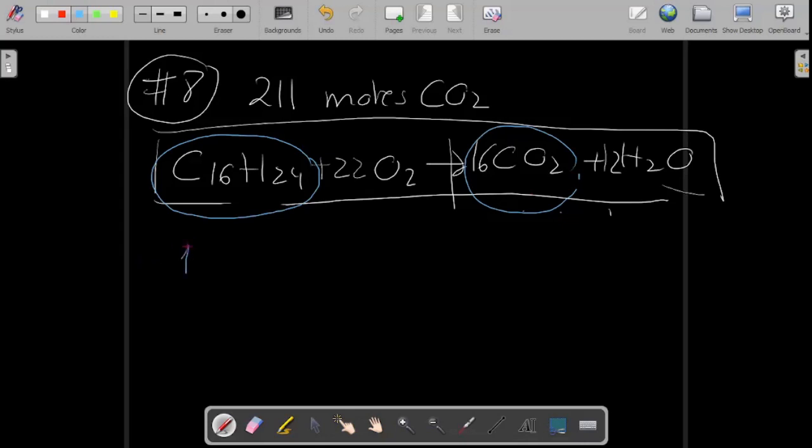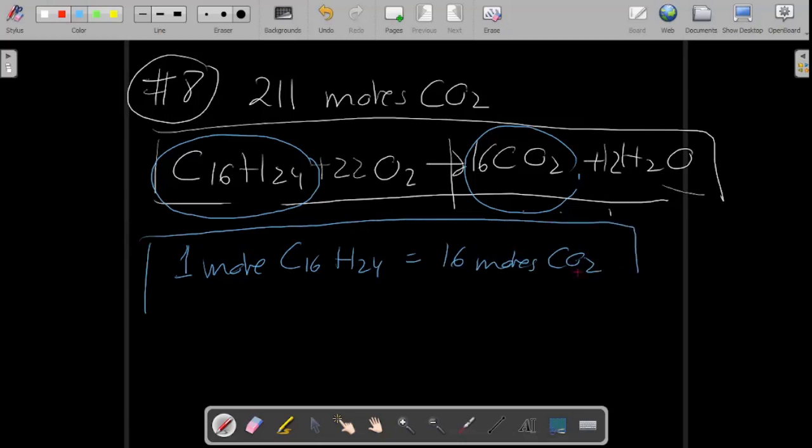So I know that they're related like this. 1 mole of this molecule will produce 16 moles of carbon dioxide. So this is the conversion factor that I'm going to have to use when I do my computations.